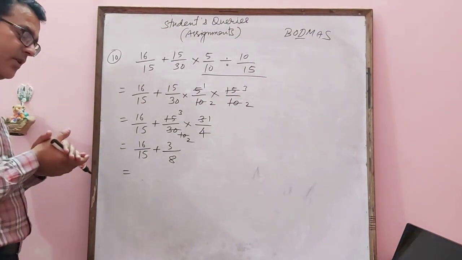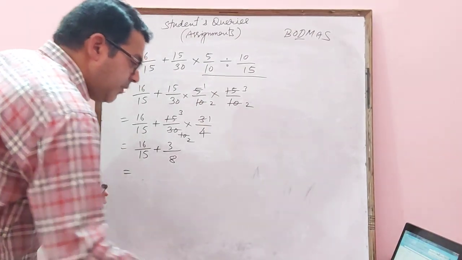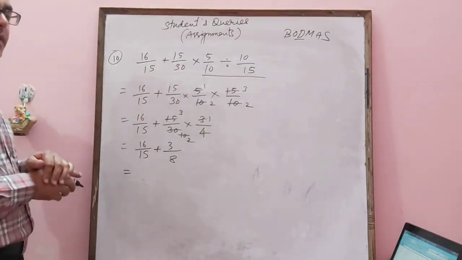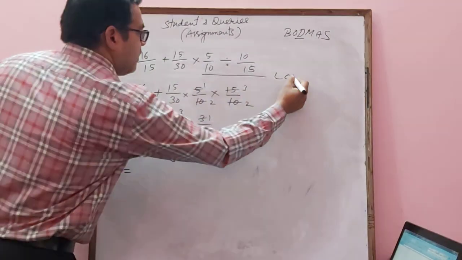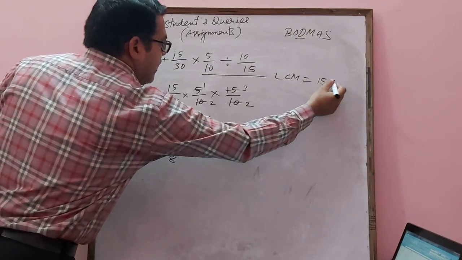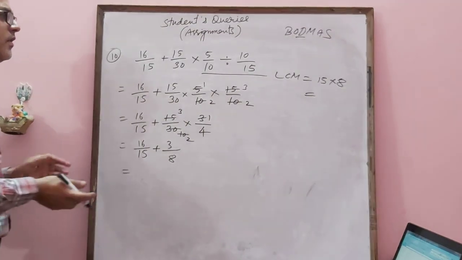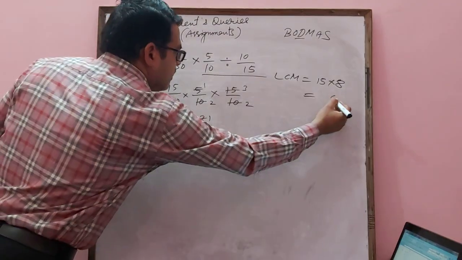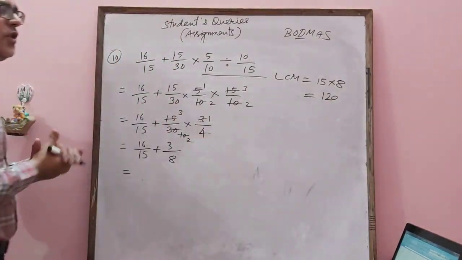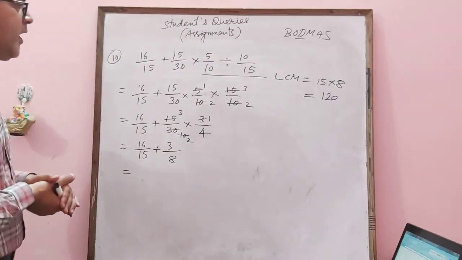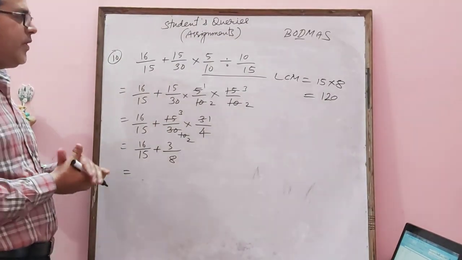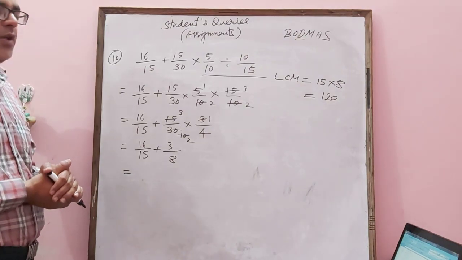So it means, what is the LCM? Their product is the LCM only. So LCM is 15 into 8. What is 15 into 8? 120. So 120 is the LCM of 15 and 8. Hope you understand.